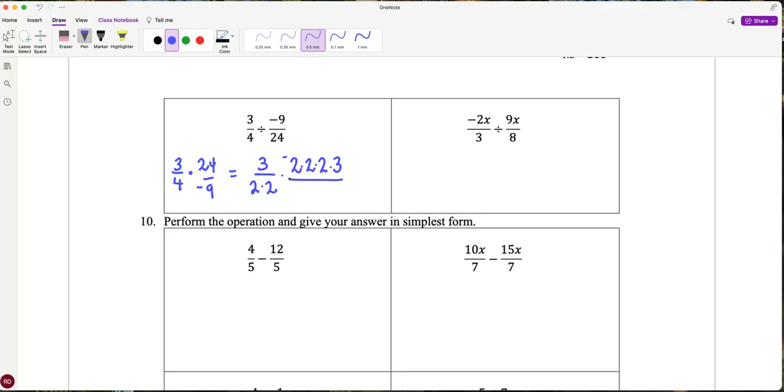And then the 9 is what? 3 times 3. So these two 2's cancel here. The 3 cancels here, the 3 cancels here. And so this is just left with -2.